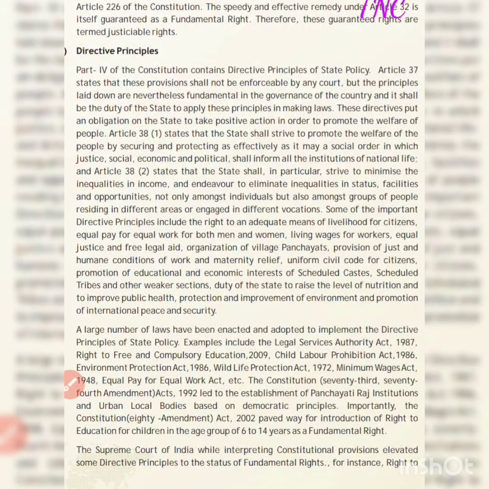So Article 38 1 means that state's main function is to take actions which will promote the welfare of the people and the nation, and law and order situation will also be maintained, and there will be justice, social, economic and political equality, and the institutions of national life, wildlife and plants and humans, that all will live in a social and law and order situation.